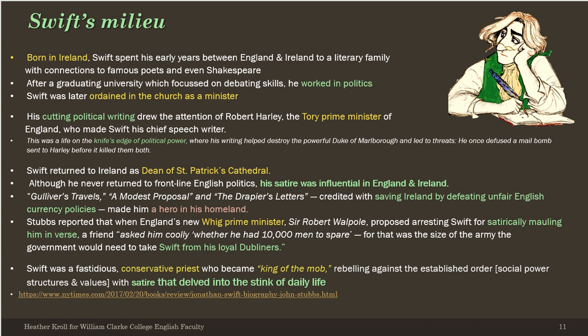So that's how influential Swift was, that if he wrote a satirical verse about this Prime Minister, Sir Robert Walpole wanted to arrest him. And a friend asked him coolly whether he had 10,000 men to spare. That was the size of the army the government would need to take Swift from his loyal Dubliners in Ireland.